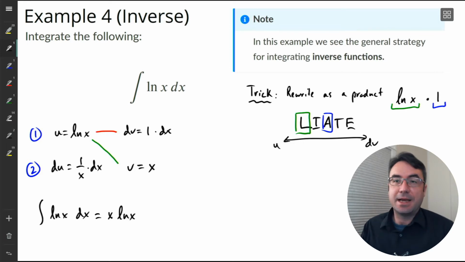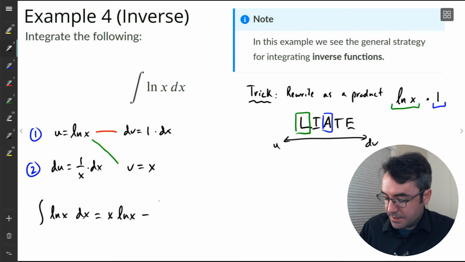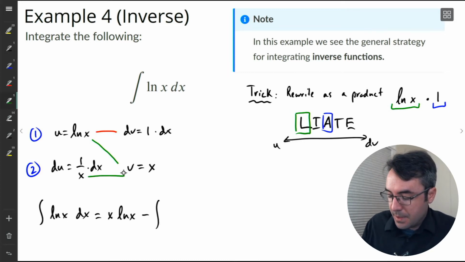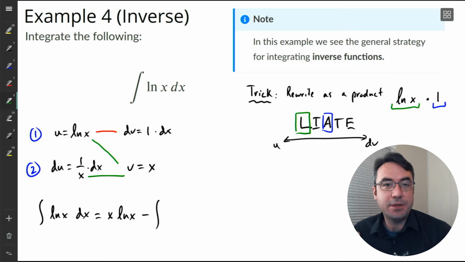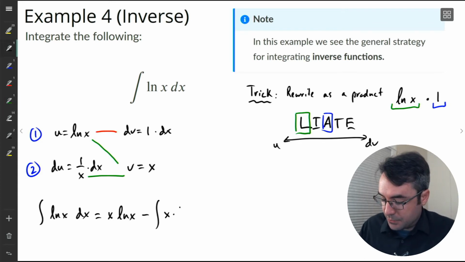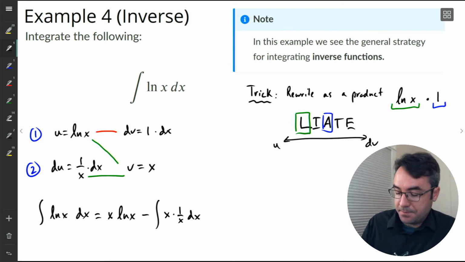So it's x times natural log x. Then we subtract and integrate v times du. So x times 1 over x dx. And that's step 3. Use the integration by parts formula.